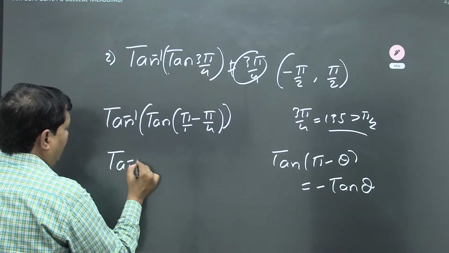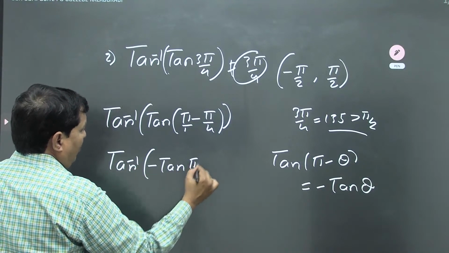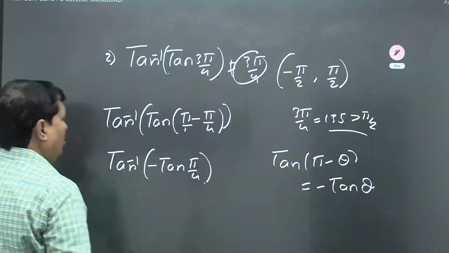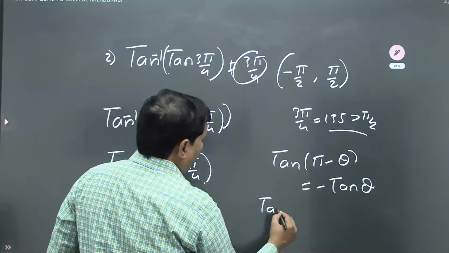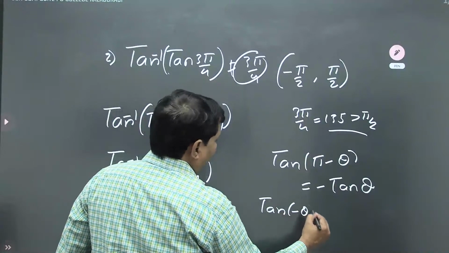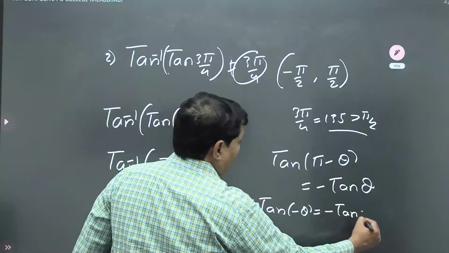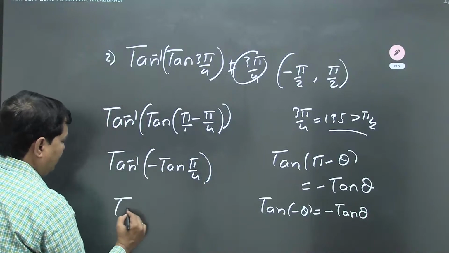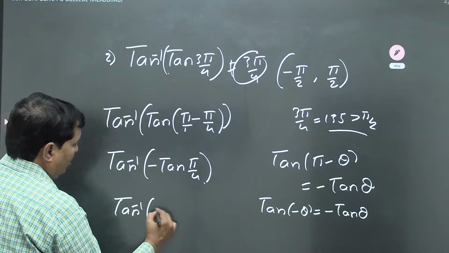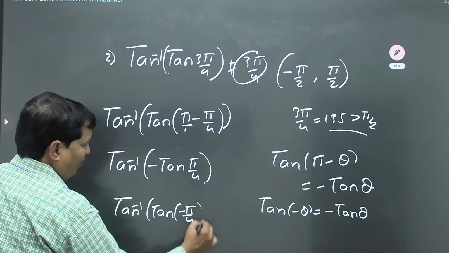Or you can write it, since tan of minus theta equals minus tan theta, as tan inverse of tan of minus pi by 4.